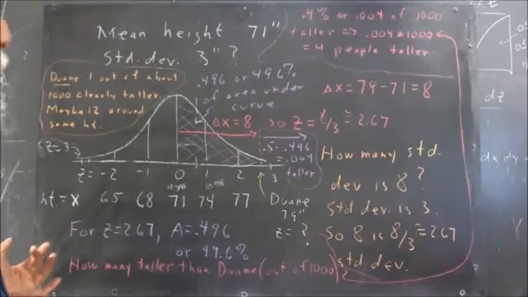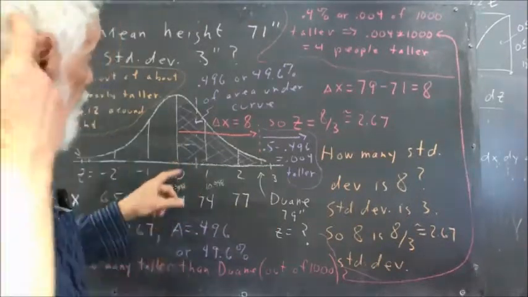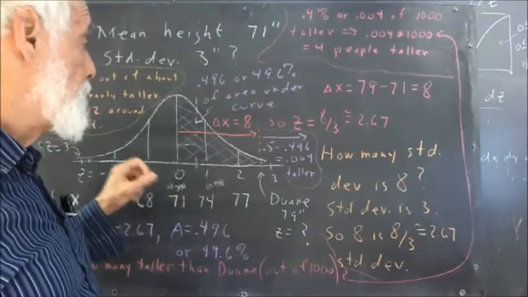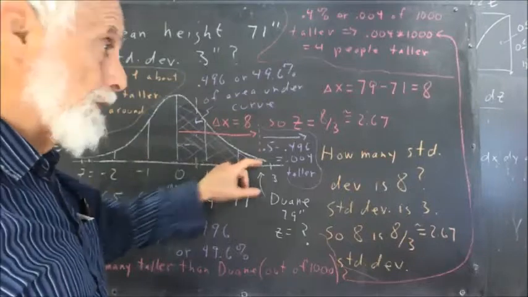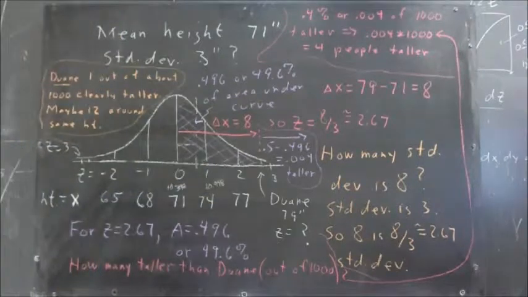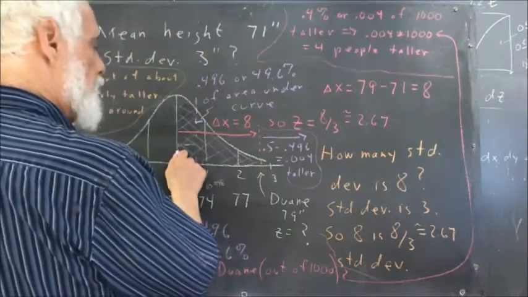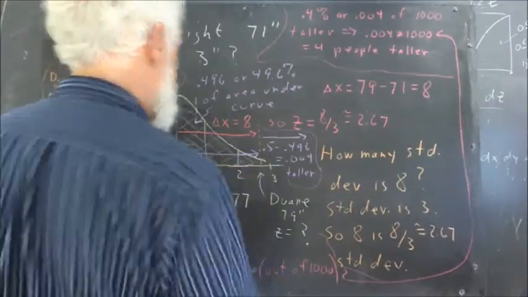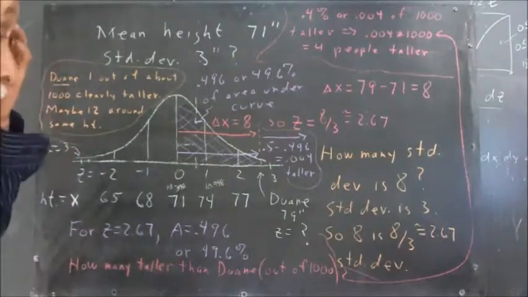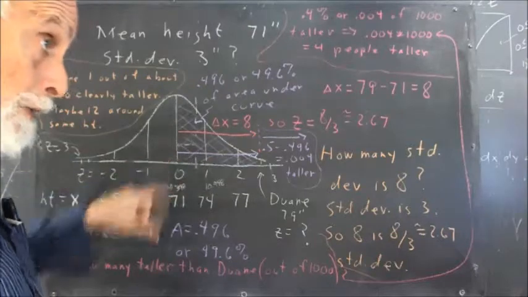Remember that the Z table will tell you, if you look up Z, what portion of the area under the curve lies between the mean and that Z value. So actually, if I could find a piece of purple chalk, here we go. Okay, that would be this area. The Z table would tell you how much of the area under the curve lies in the shaded region.